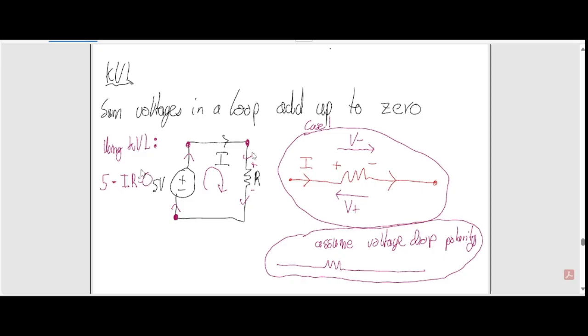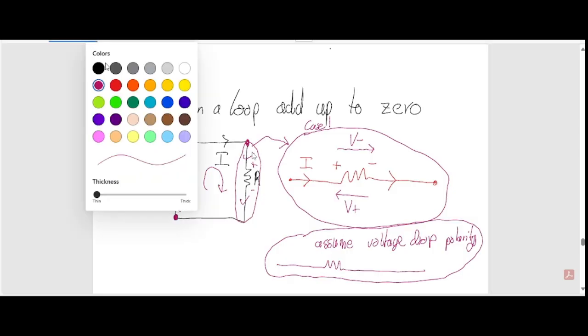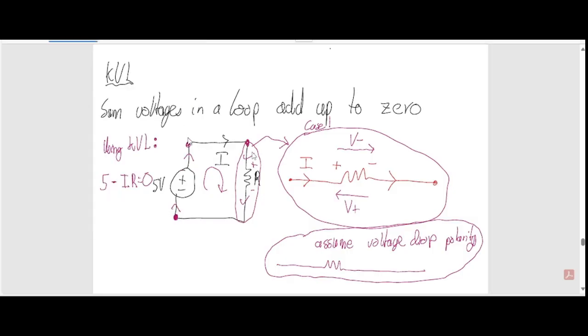Basically, seeing the arrow going plus to minus will be minus. And even if it goes in the opposite direction, say I start here instead, you go from plus to minus, which is minus 5, right?